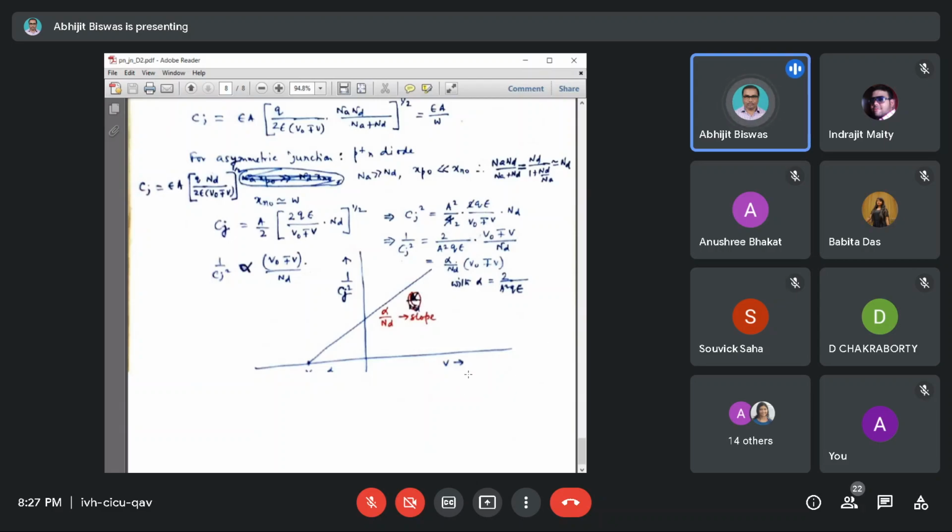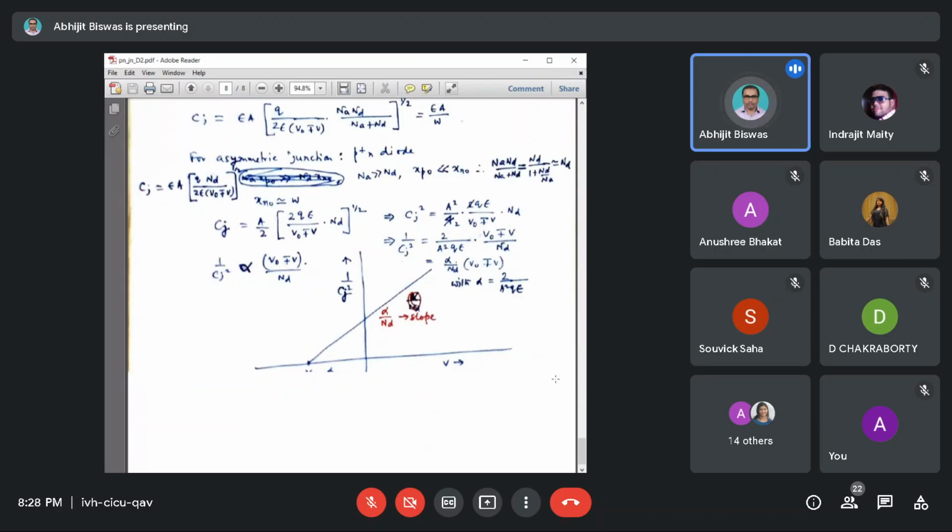From this slope and intercept, you can find the doping concentration on the lightly doped region, that means the N type. So it is a very clever technique of finding the doping concentration in a PN junction by just measuring the junction capacitance and plotting 1 upon Cj square with respect to the applied potential.